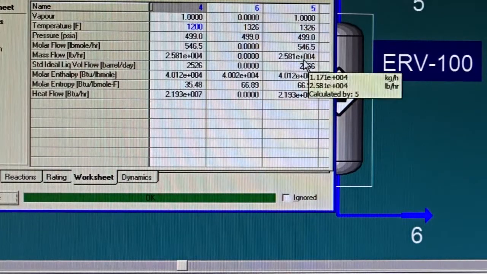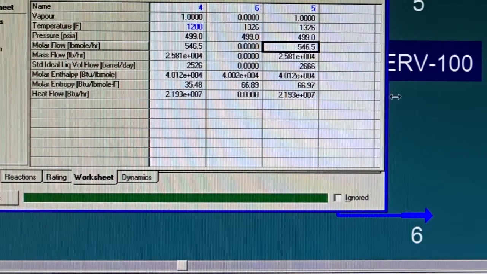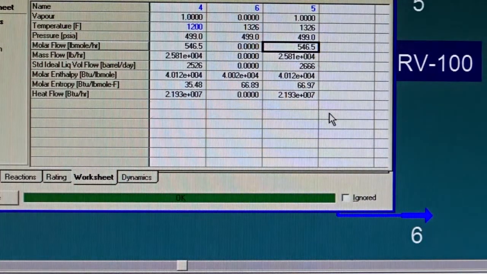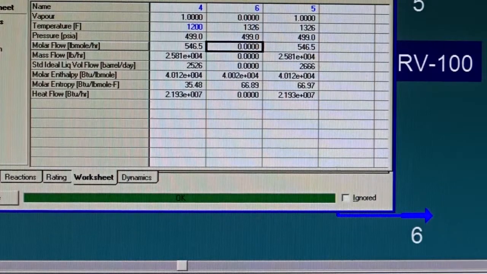And we can look at the worksheet, just to make sure that we have only one phase reaction. Notice the mole or the mass flow rate for the liquid phase, which is stream 6, is 0. So HYSYS really operated in the vapor phase. We can look at the composition now.